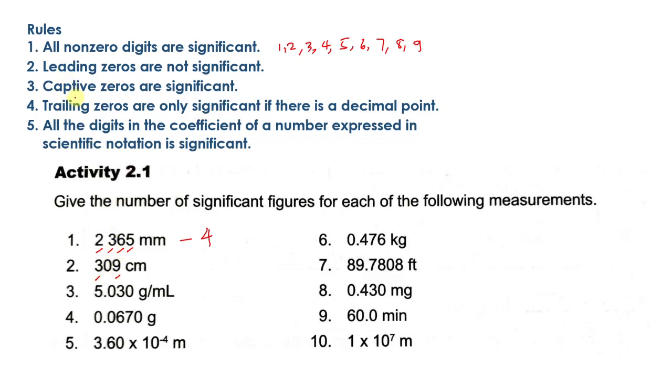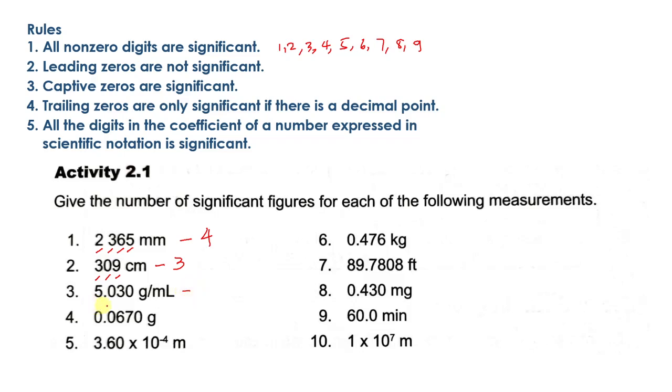Again, captive zeros are in between, from the word captive, right? So they are inside. In this case, captive zeros are significant, so we count them as significant. We have 1, 2, 3 overall. This number has 3 significant figures.